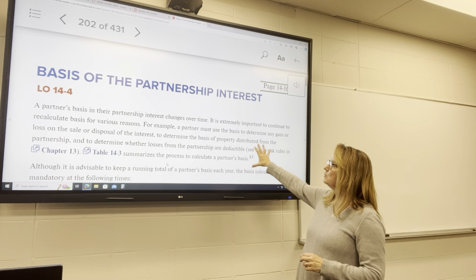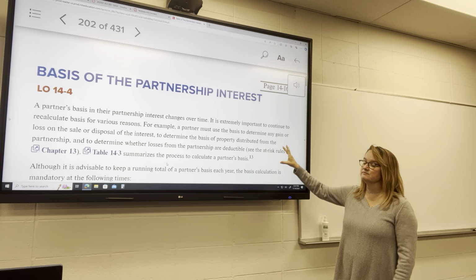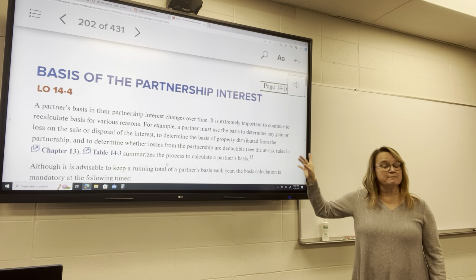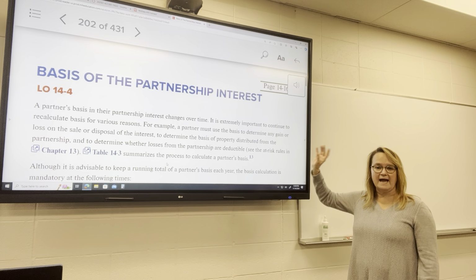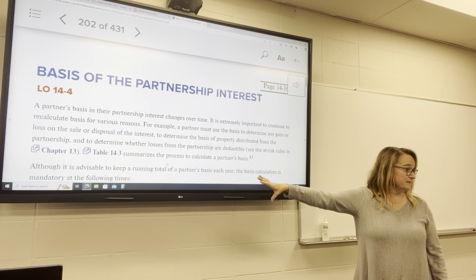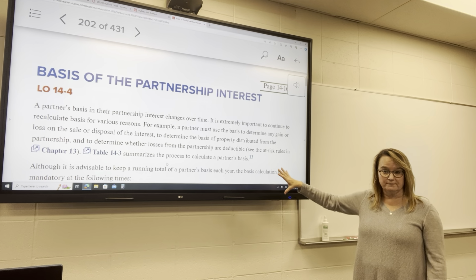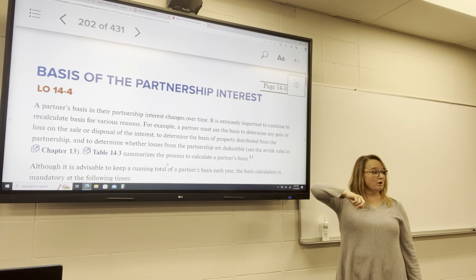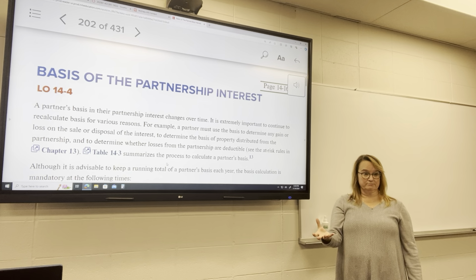And this is what we're talking about here, the basis of the partnership interest, meaning the changes over time in the outside basis for each individual partner. So we're looking at it from the perspective of the individual partner, not from the partnership.